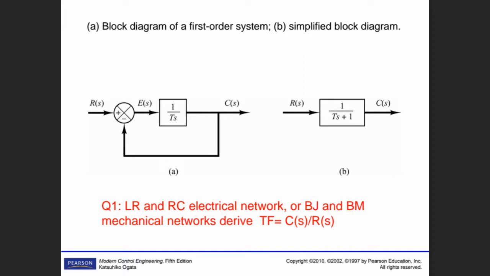That kind of networks are called first order systems. So we are going to look at the first order systems, and then we are going to continue with the transfer function. When you solve it, you obtain this transfer function. So this is a typical first order transfer function.